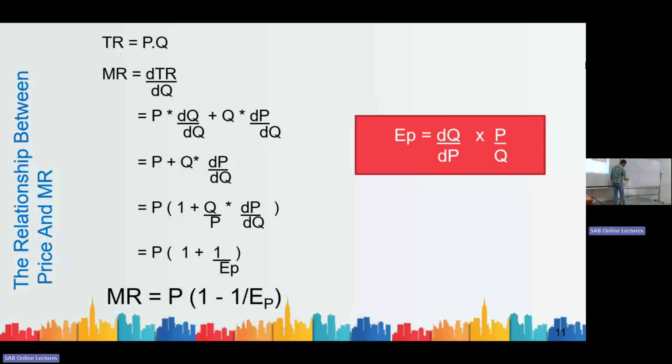This is the price and this is the marginal revenue. So when the demand is price inelastic, at any point between this point and this point, we get negative values for marginal revenue.